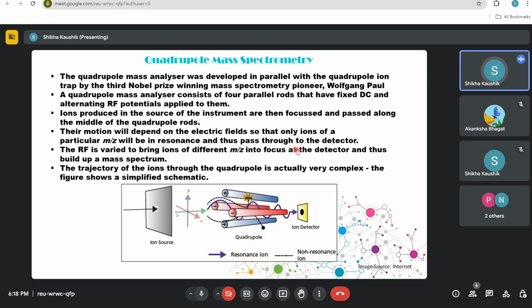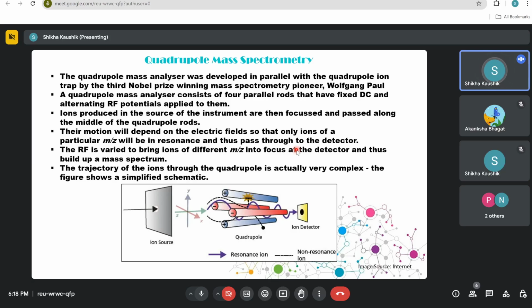Depending upon the kind of repulsion and attraction they are experiencing in this particular system, where you have two negatively charged parallel rods and two positively charged parallel rods. Okay, so they make their own path, and that's how each ion takes its own time to reach the detector, which the detector is going to record. So that is how you resolve your spectra in this case.